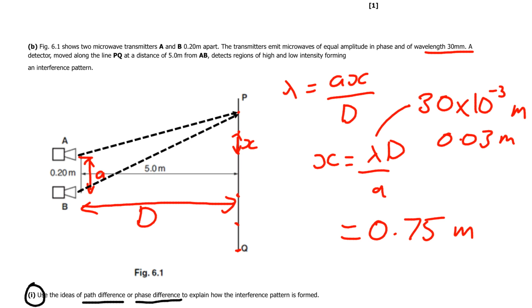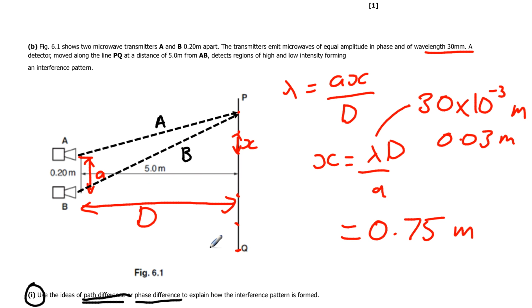Let's call this one B because it's coming from B, and let's call this one A because it's coming from A. The line is showing the path of the microwaves from B to point P, and this line is showing the waves from point A to point P. And we can see that line B is longer than line A. So there's a path difference there. The path that they've taken is different.